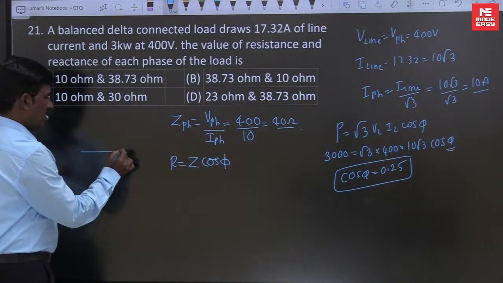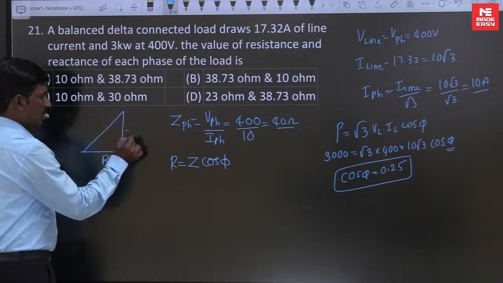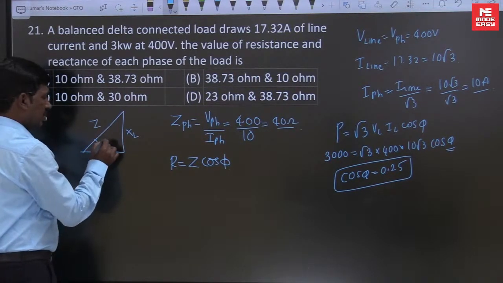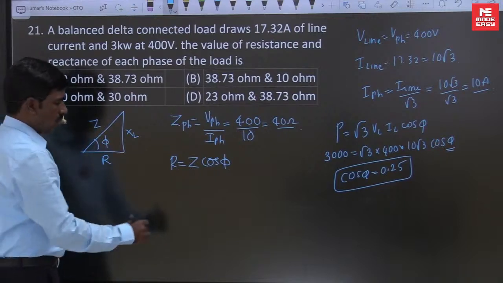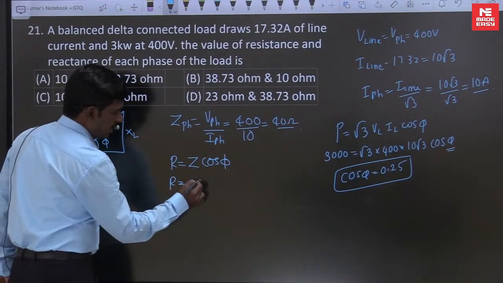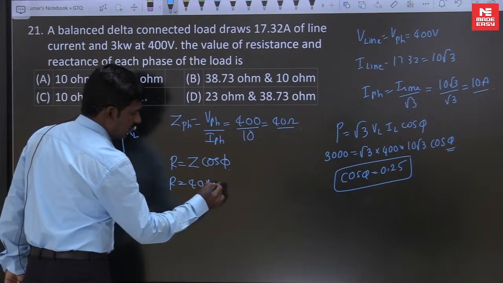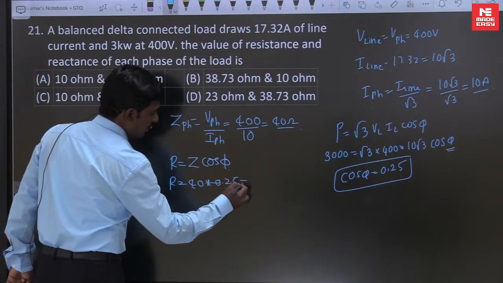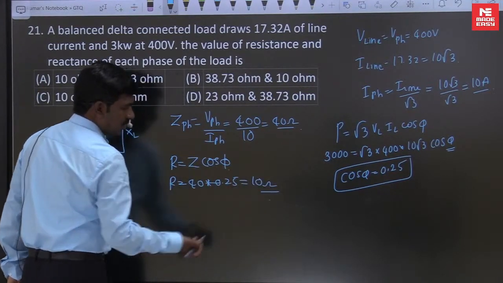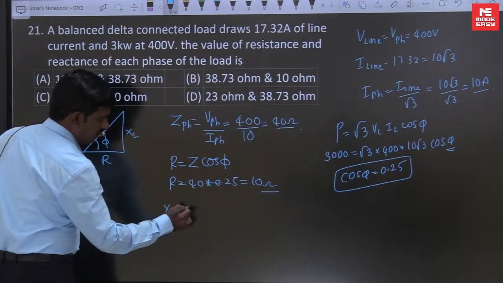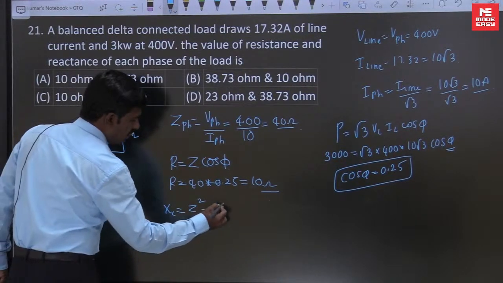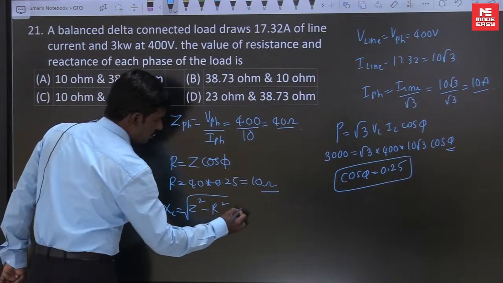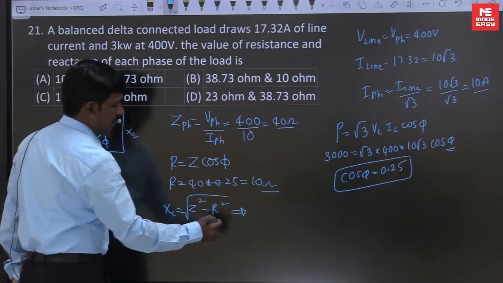This is a triangle of R, XL and Z, and this is phi. So R is equal to 40 into 0.25, that is 10 ohms. XL is equal to, directly we can write, square root of Z square minus R square. You get 38.73.